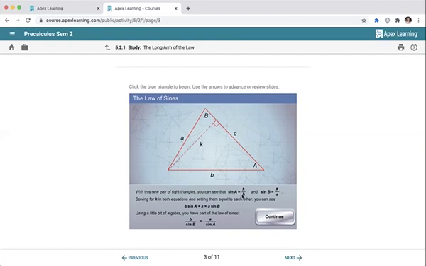So if we solve for K in both of these, we figure out that B sine of A is equal to K and A sine of B is equal to K. So we can then set them equal to each other, use a little bit of algebra, and we have part of our law here. If I divide both of these sides by sine of its value, I can move sine of A over here and sine of B over here, and this is how I get my law of sines.